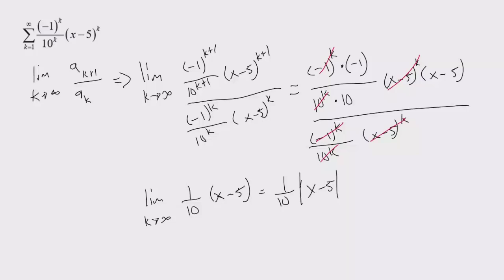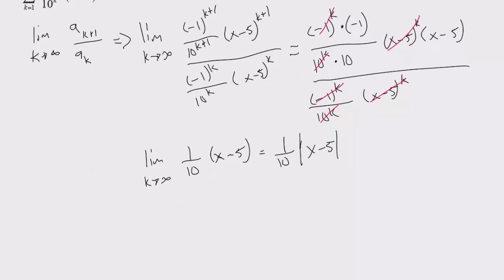Okay, so let's set up our inequality and see if we can figure out the radius of convergence for it. So it's 1/10 absolute value of x minus 5 is less than 1, which implies, because we multiply by 10, I get absolute value of x minus 5 is less than 10.